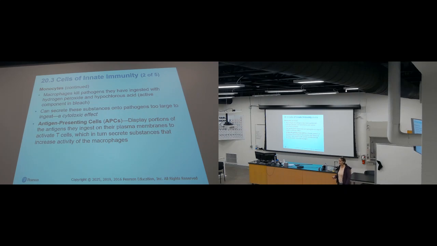Where do the macrophages come from? They come from monocytes. Monocytes are baby macrophages, but they are located inside the blood vessels. Once these monocytes exit the bloodstream, they become macrophages. Now, macrophages in some areas of the body have specific names.